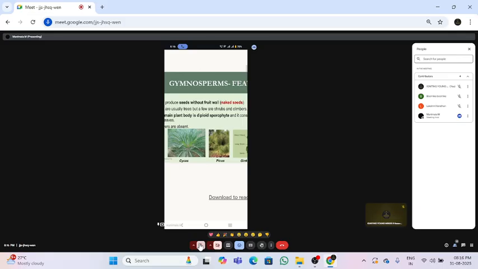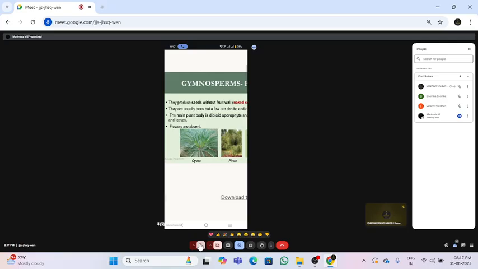And the scientist Goebel, make a note. Goebel called gymnosperms phanerogams without ovary.